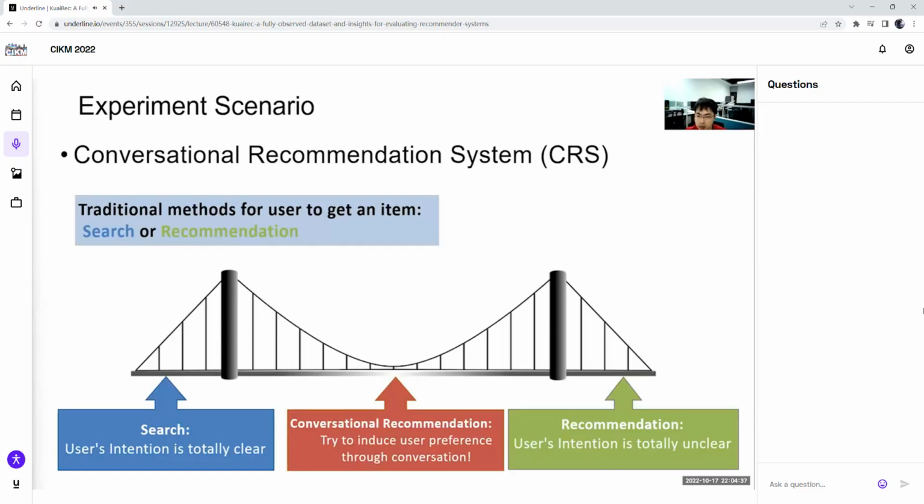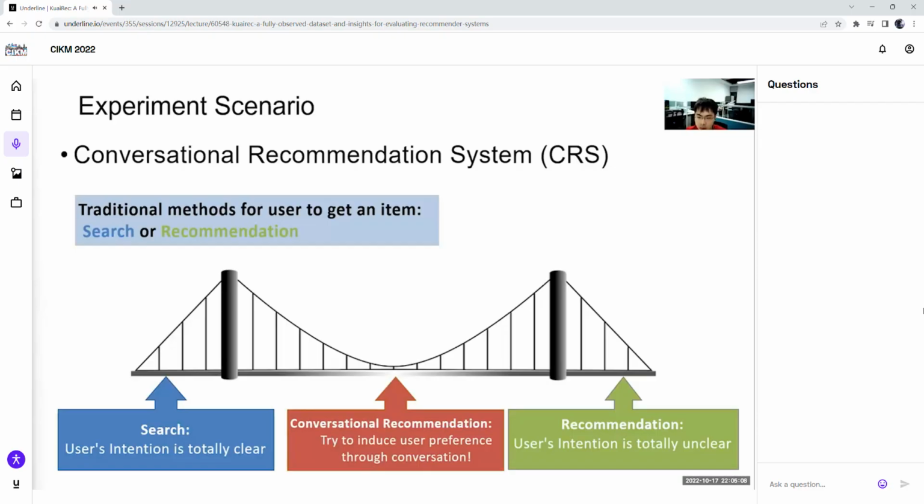We choose this setting because it's a multi-round interaction process, which is much more realistic than the traditional one-step recommendation. This figure shows the role of CRS. There are two traditional methods for users to get an item, including search and recommendation. For most search algorithms, they assume that the user's intention is totally clear.